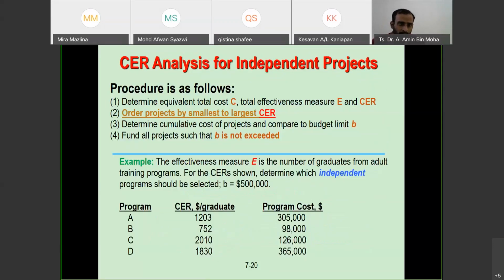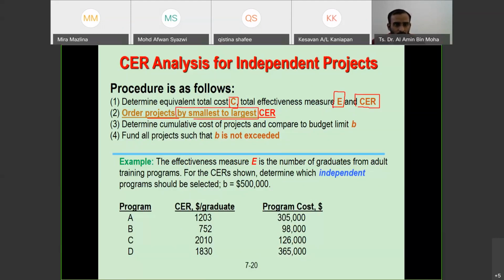So for independent projects, we have 4 steps. Okay, determine the equivalent total cost, C, and the total effectiveness measure, E. By having C over E, you're going to get CER. And then you rank the projects from smallest to largest CER.